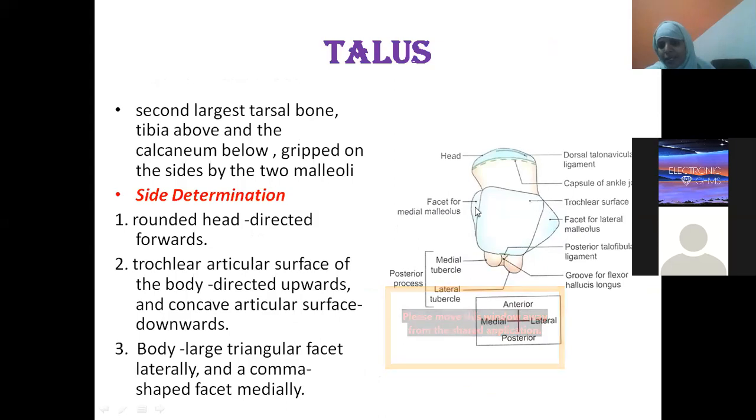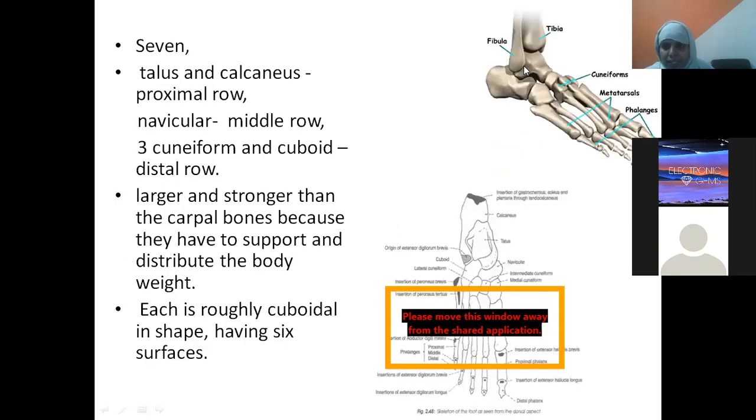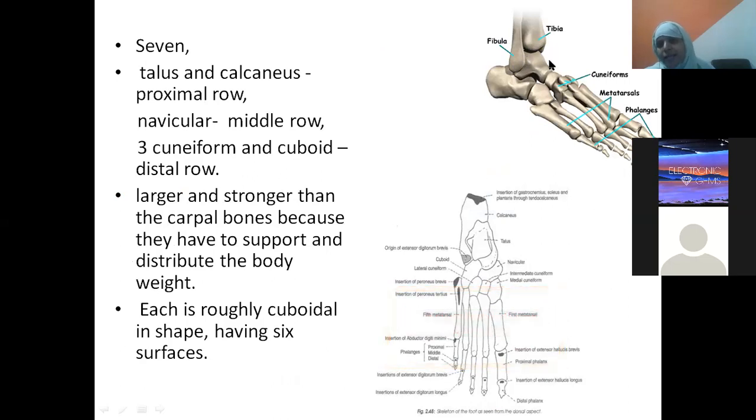The medial facet is in contact with the medial malleolus of the tibia. The large lateral facet is in contact with the lateral malleolus of the fibula. This is the large triangular articular facet where the lateral malleolus of the fibula articulates. On the other side the comma-shaped articular facet articulates with the medial malleolus of the tibia. This complete thing is the ankle joint. We will revise again once we start the ankle joint.